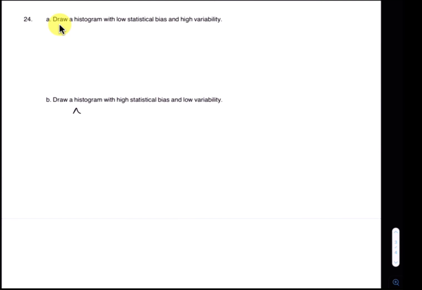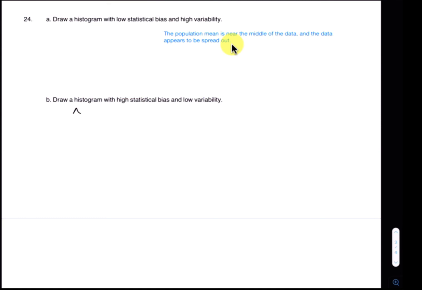All right, number 24. Part A, draw a histogram with low statistical bias and high variability. Now, for it to be low statistical bias, the population mean would have to be near the middle of the data. And for high variability, the data would appear to be spread out.